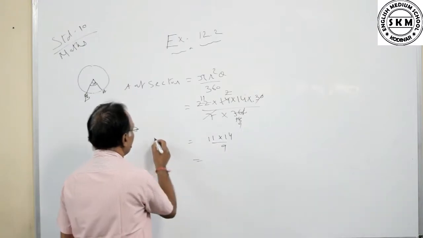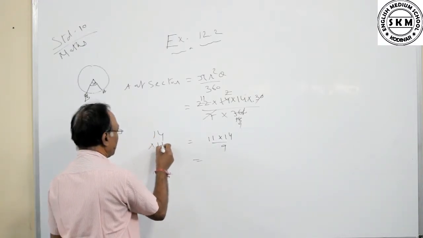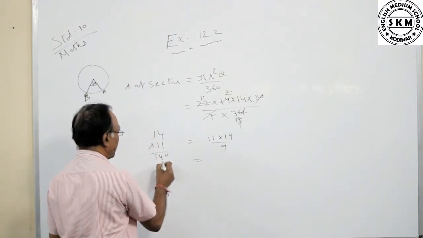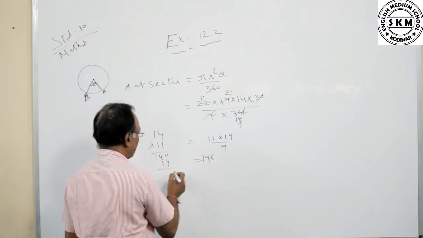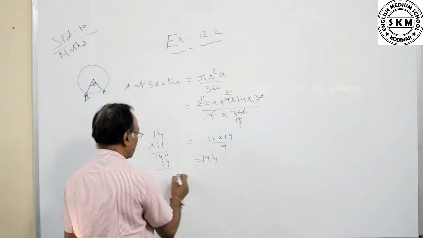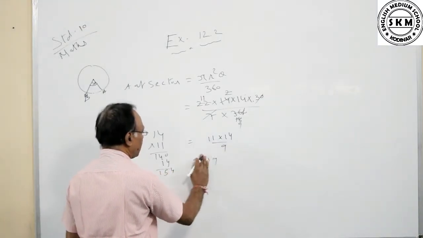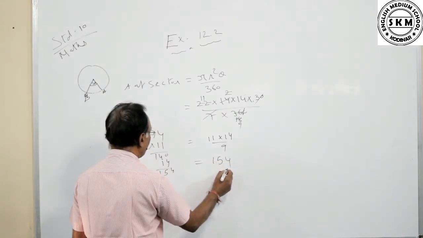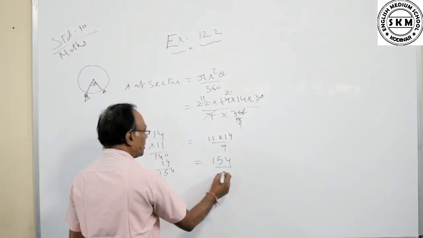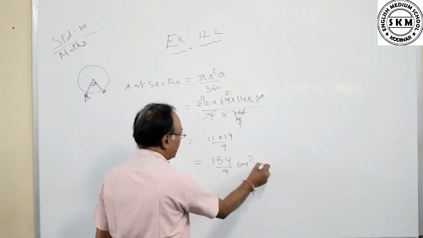So 14 into 11 is 154 upon 9 centimeter square.